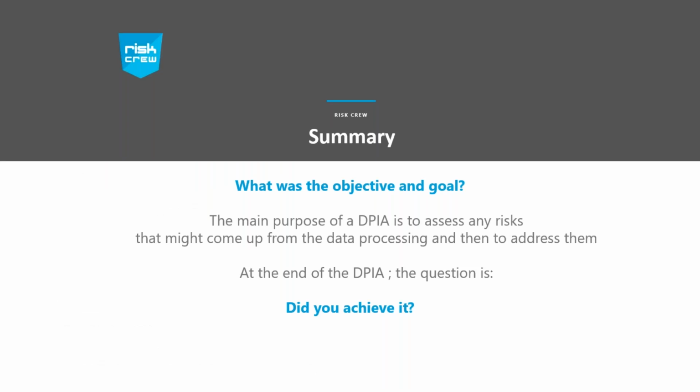Now, the main purpose of a DPIA is to assess any risks that might come up from the data processing and then to address them. So at the end of the DPIA, the greatest question you can ask yourself is: did you achieve what you meant to achieve? Did you achieve your objectives and your goals?